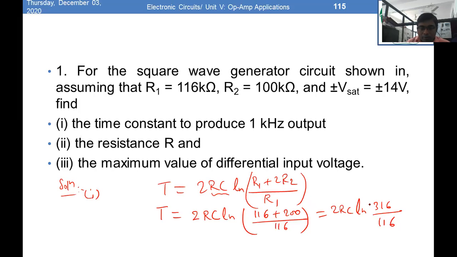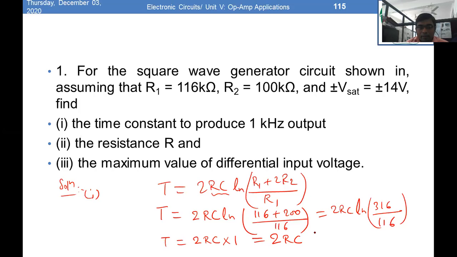Because both are in kilo ohms, we have ignored the kilo ohms here. So T is equal to 2RC, and when you take the logarithm of this, it comes nearly equal to 1. So T would become 2RC.